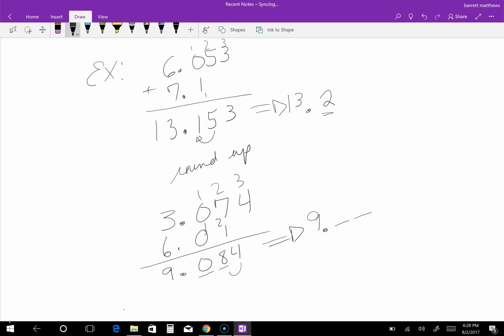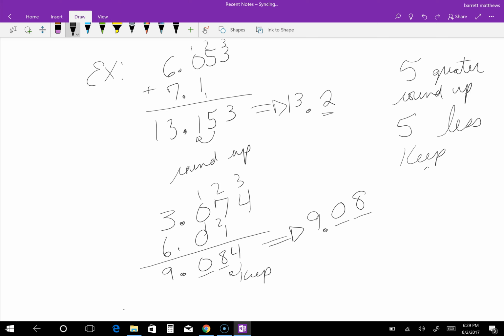So I'll report 9.08 because 4 is below 5, so I will keep it at 8. Remember, the rounding rule is 5 or greater, I'm going to round up. And if I have less than 5, I will keep it the same number.